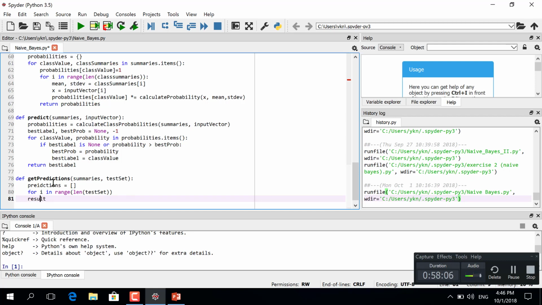The result equals predict, considering the summaries and the test set of feature i.